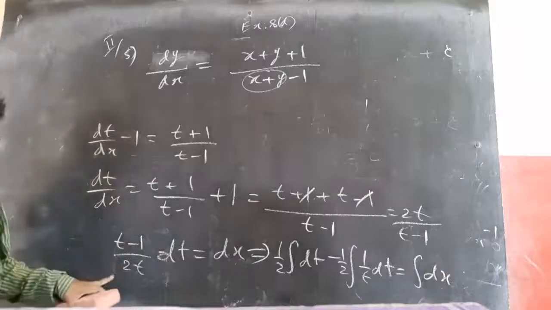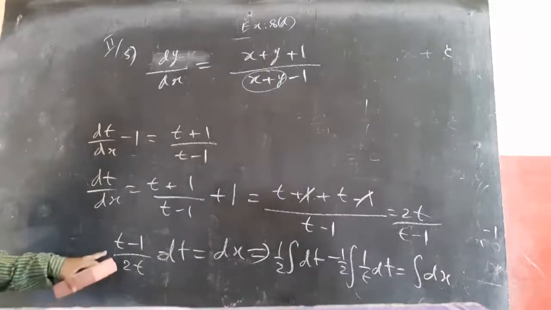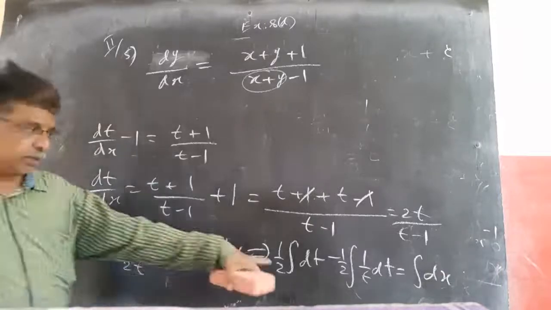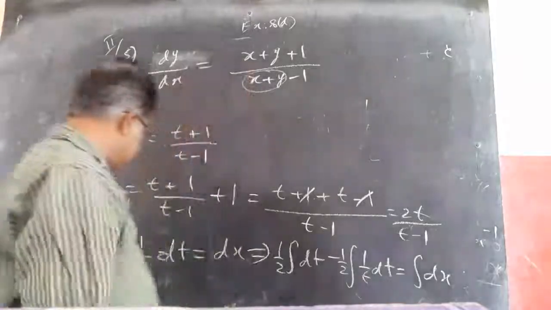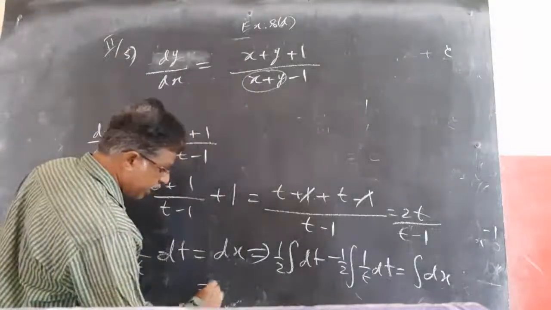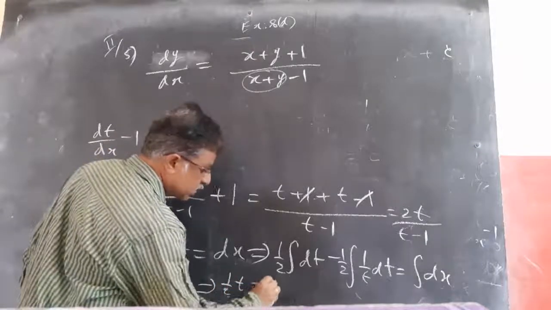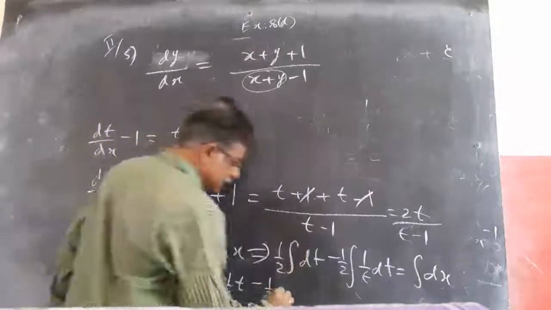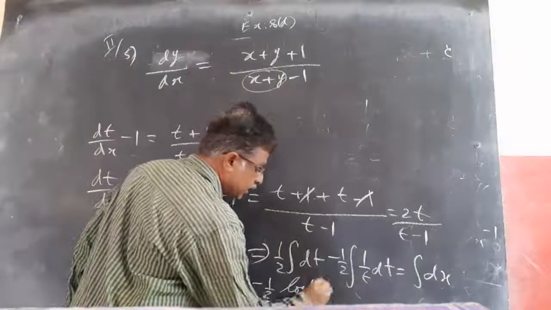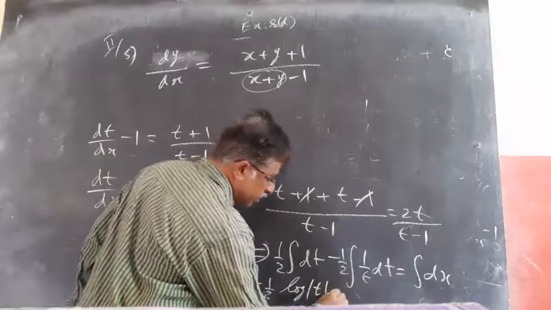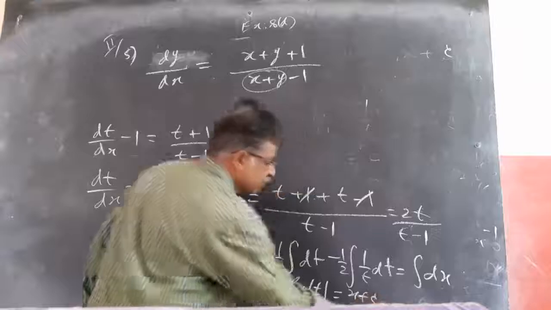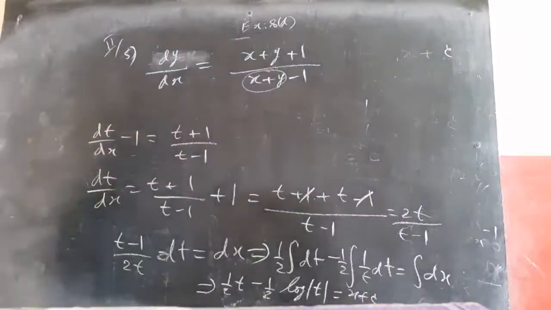So this becomes 1 by 2 into t minus 1 by 2 into log mod t equal to x plus c.